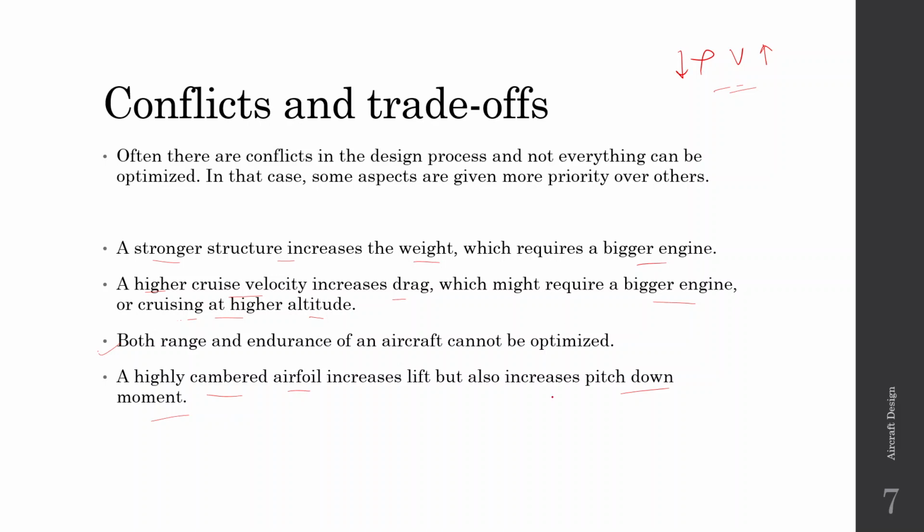So you can see that during the selection of the airfoil, there is a trade-off between lift and stability. We might have higher lift, but the stability might go down. So these are some examples of conflicts.